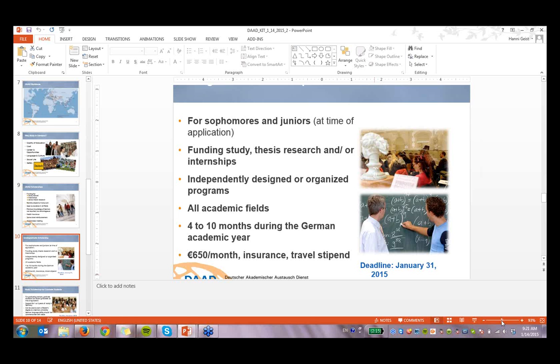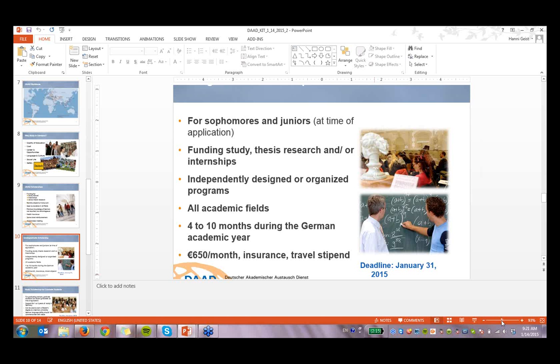So this is for sophomores and juniors, and you can do either an independently designed program or an organized program. And if you would like to study at the Benz School or at the KIT in general, you would be able to use that stipend for studying at this university as well. And this is for either 4 months or 10 months, and you will get about 650 euros a month.